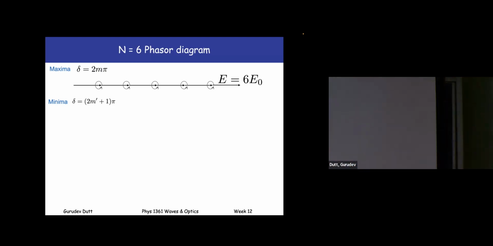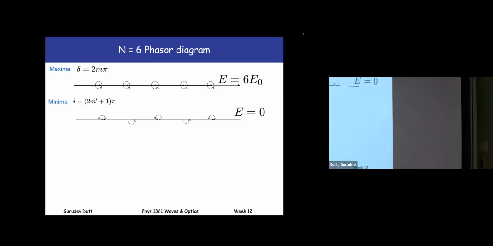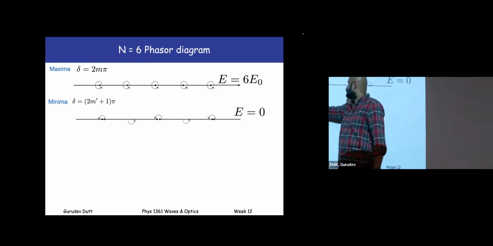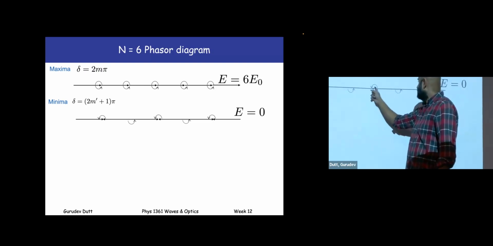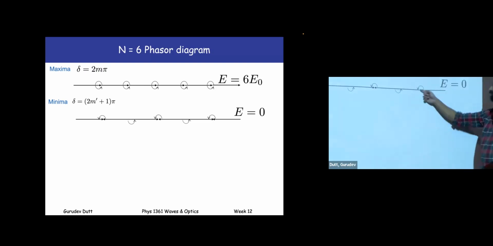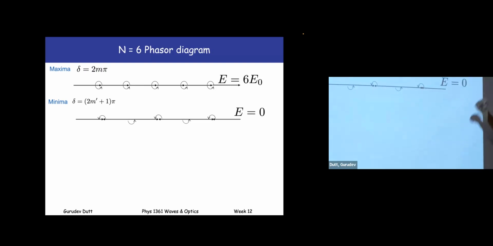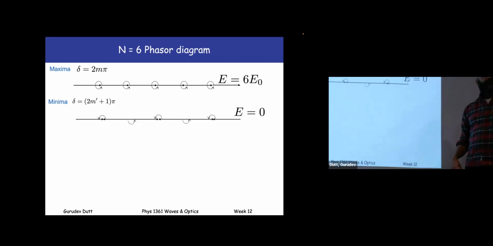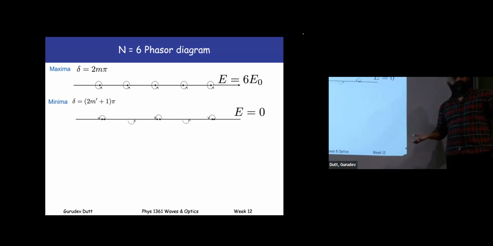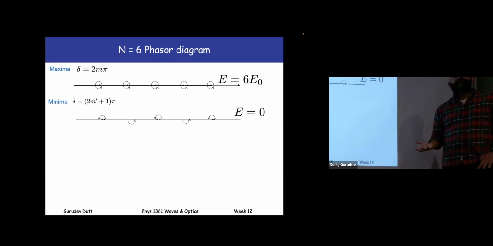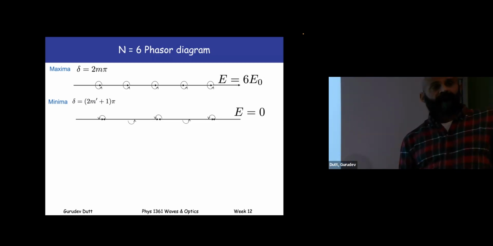Each one goes 2 pi and then an additional pi, so it points opposite. The first and second cancel, then the next two cancel, and the next two cancel. So for 6, you get E equal to 0. We get destructive interference, or minima, when delta equals 2m prime plus 1 times pi.